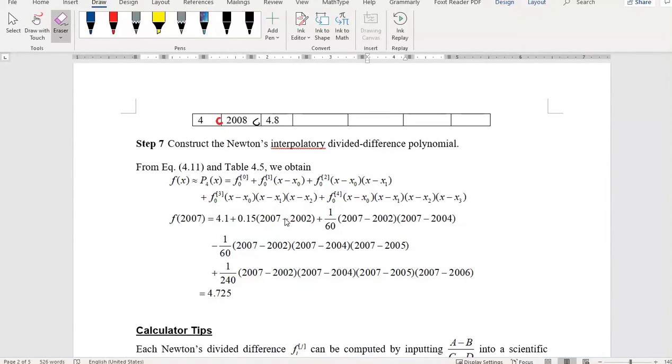Then you plug in all the corresponding values, and you calculate that the carbon dioxide emission at year 2007 is 4.725.